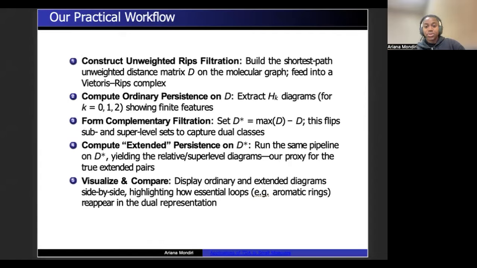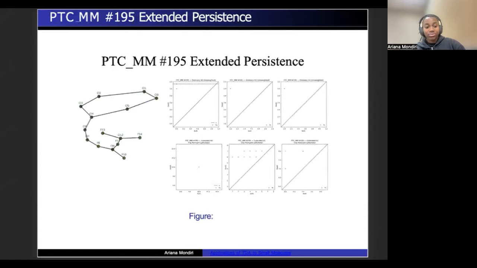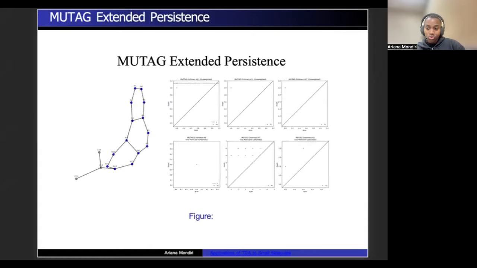Here we really want to develop an intuition about how things work and what TDA captures, and whether there's a real distinction between our small molecules. If you look at the first visualization on the MUTAG, we can compare it to the molecule 195, and we can see that they both have a different structure.